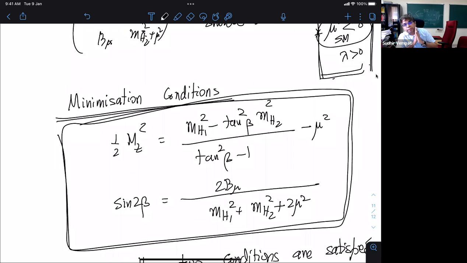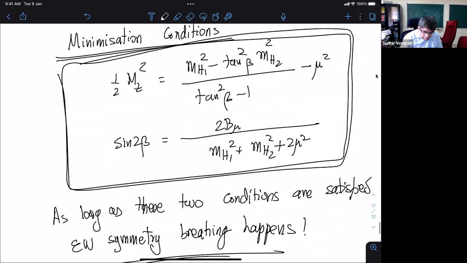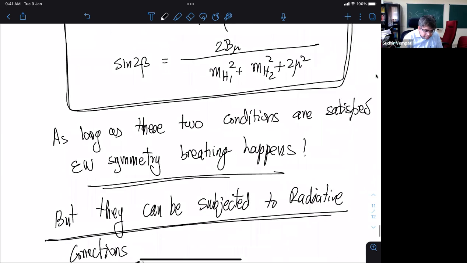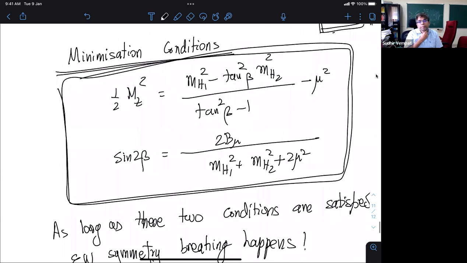You make sure that your minimization conditions are always valid, because if these two conditions are not valid, your electroweak symmetry breaking is not valid. Whether you're choosing minimal supergravity, gauge mediation, PMSSM, or just random scanning, these two conditions should always be valid, so that your electroweak symmetry breaking is good.